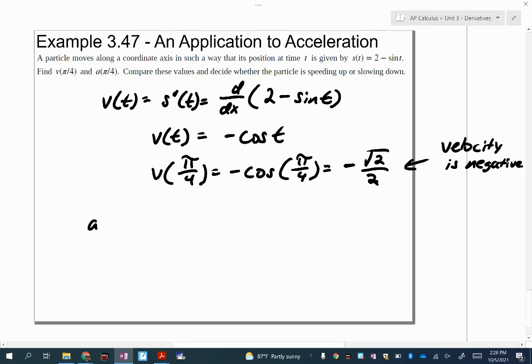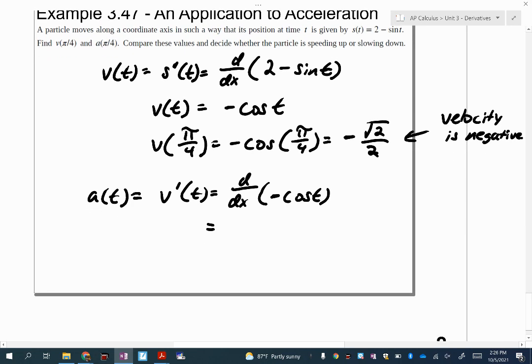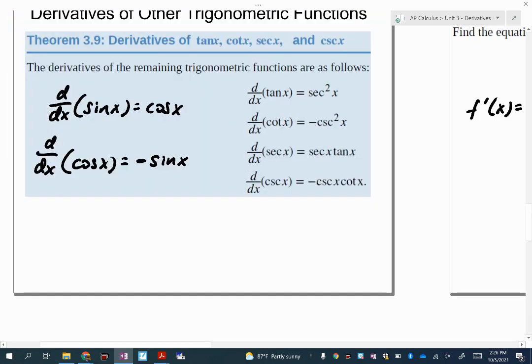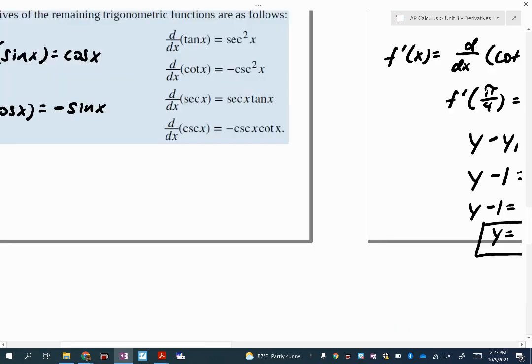Now let's find the acceleration. The acceleration is the derivative of the velocity function. So I'm doing d dx of the opposite of cosine of t. Well, we know the derivative of the cosine function is going to be negative sine. If you need to go back and look, you can. Right here, derivative of cosine is the opposite of sine.